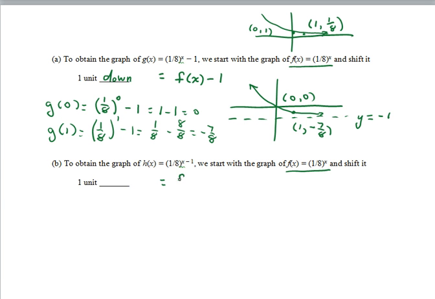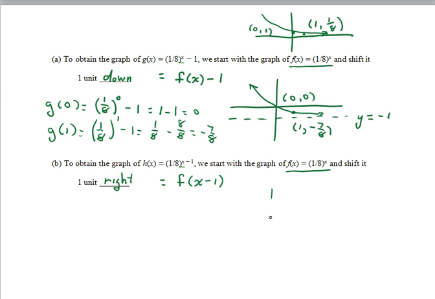In part B, h of x is actually f of the quantity x minus 1. So x has been replaced by x minus 1 in y equals f of x. And this is going to mean the graph goes 1 unit to the right.